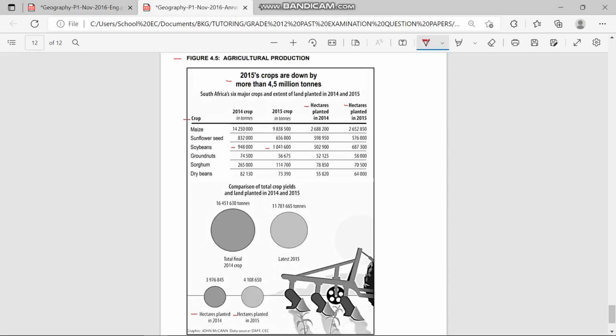Maize produced 14,250,000 tons in 2014, but in 2015 there were only 9,838,500 tons, meaning that's the greatest decrease. So it's maize.